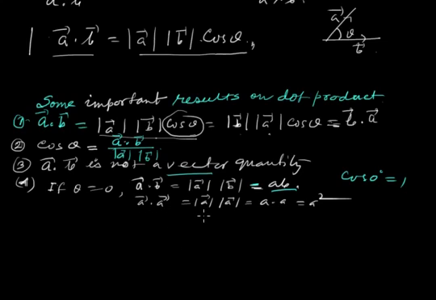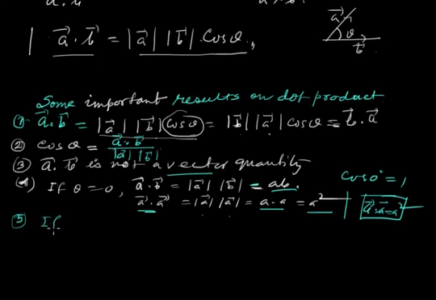A dot A is magnitude of A into magnitude of A. Again, here clearly theta is 0, and this is equal to A square. So A dot A is equal to A square. It is very important. The dot product of two vectors is a scalar quantity, A square.